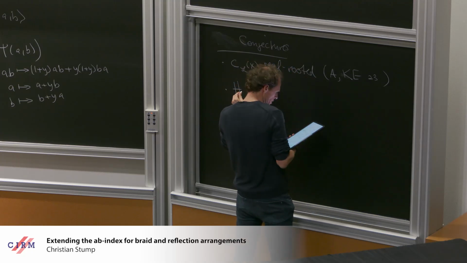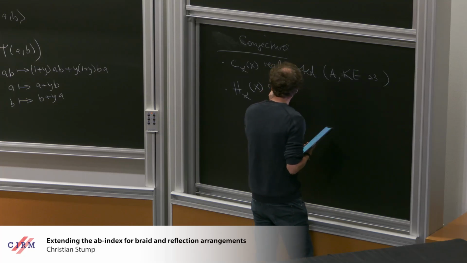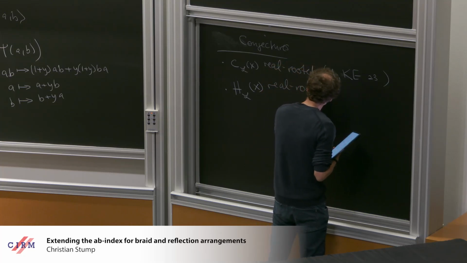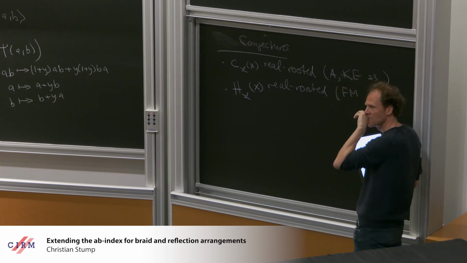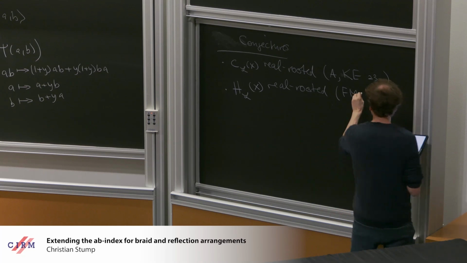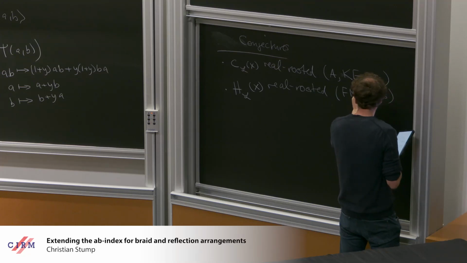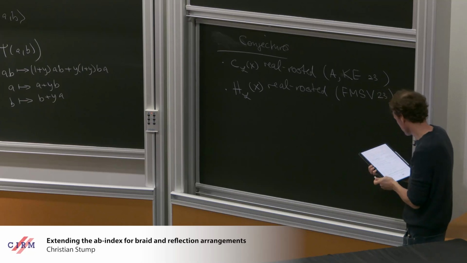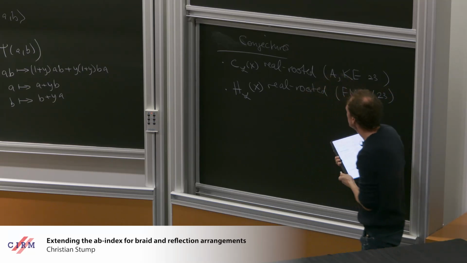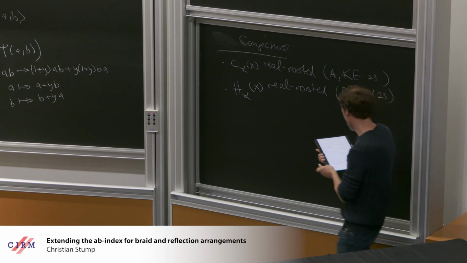Then a major conjecture in matroid theory is that the Chow polynomial is real-rooted. This is Ferroni, Matherne, and Vecchi in 23. Stevens, thank you, yes. They conjecture the Chow polynomial of a geometric lattice to be real-rooted.